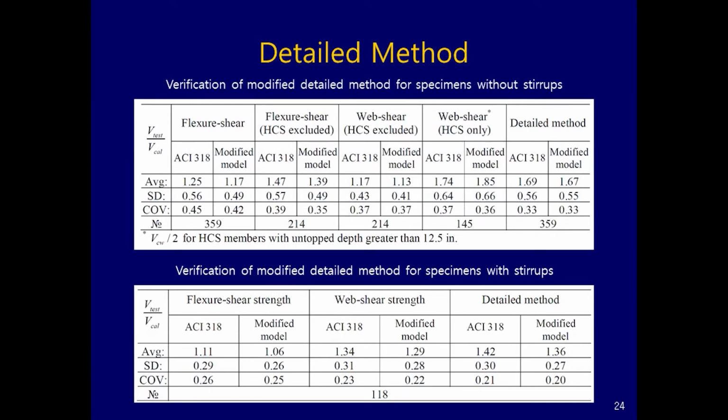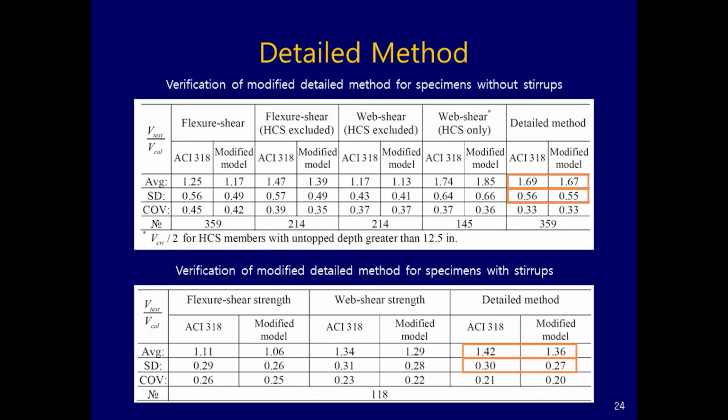So for the detailed method, for both beams with and without stirrups, you have a smaller standard deviation and a little bit lower measured-to-calculated ratio, so it's less conservative, but more accurate.